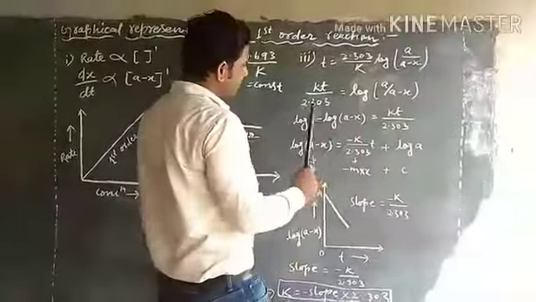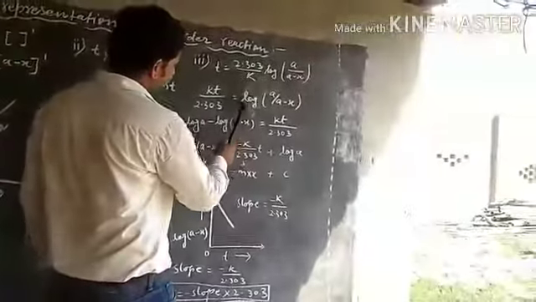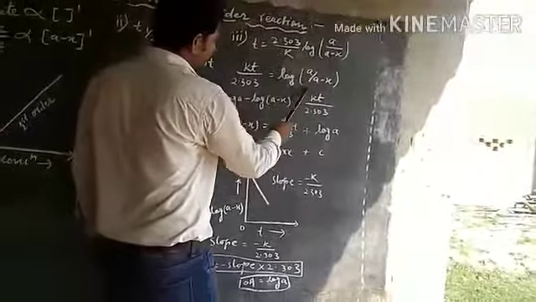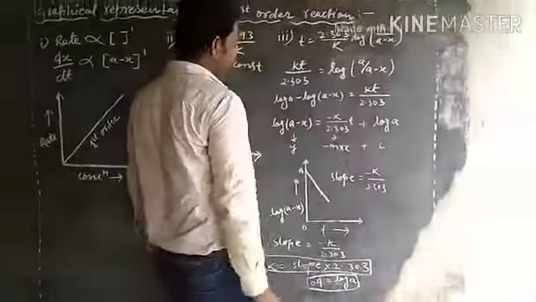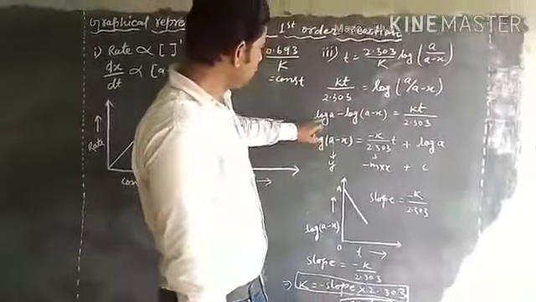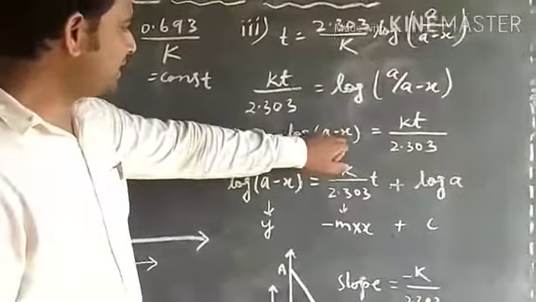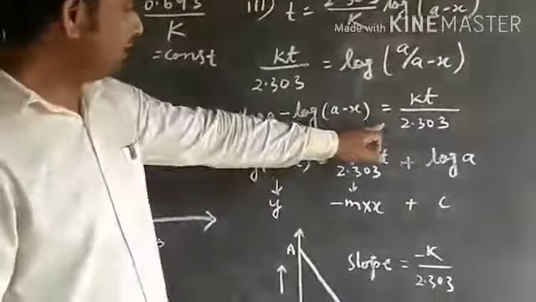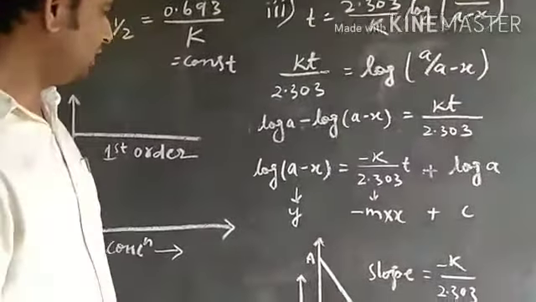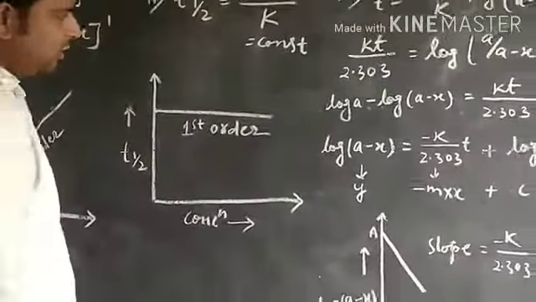And when we rearrange this term, log a by a minus x, then it becomes log a minus log a minus x equal to kt by 2.303. Okay.